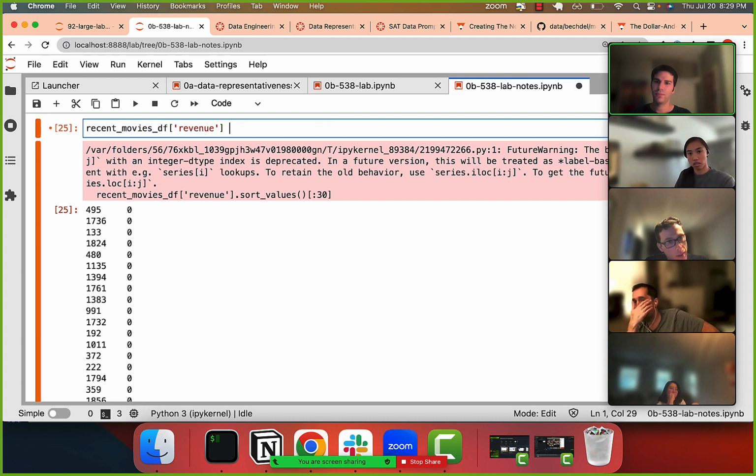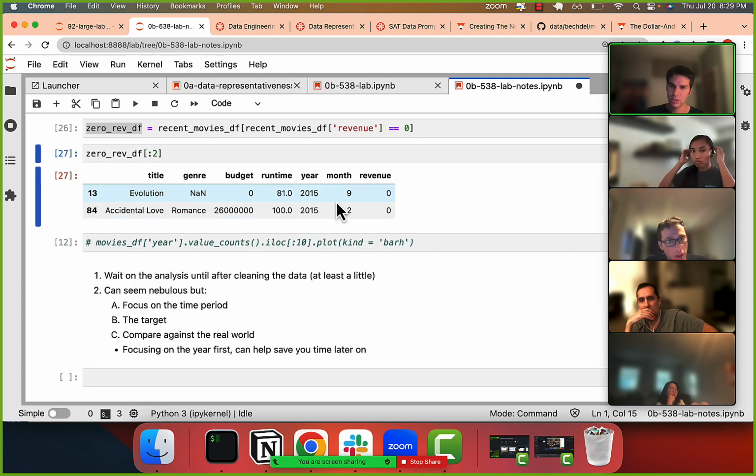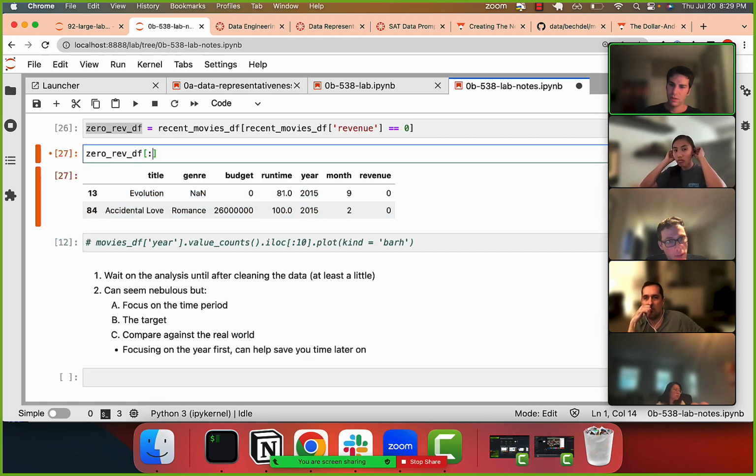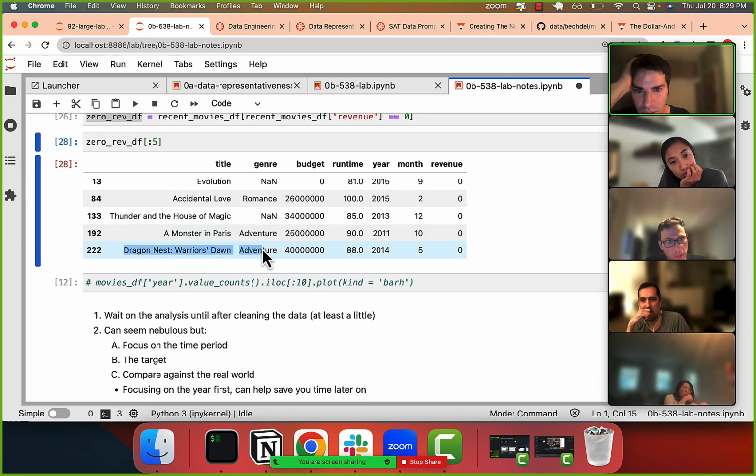So let's just select these movies that make 0. We'll say 0 rev df. Take a quick look at these, see if this makes any sense. So Evolution, I mean, these don't sound like blockbusters, but we can maybe quickly Google how much money this made, because it says it made 0.